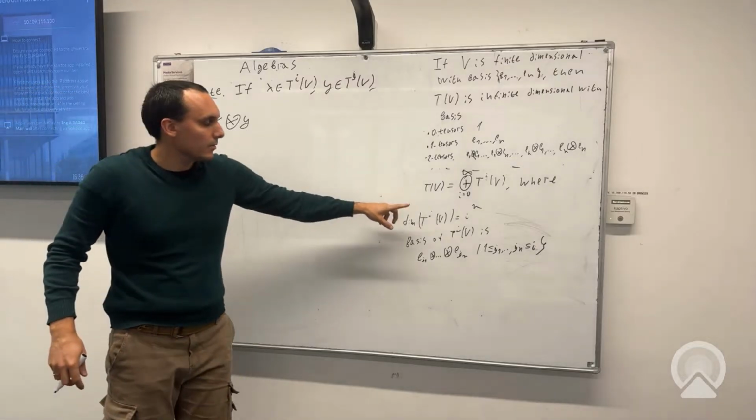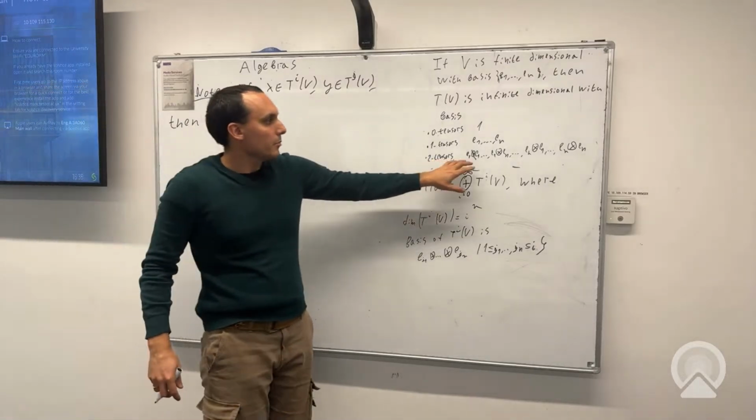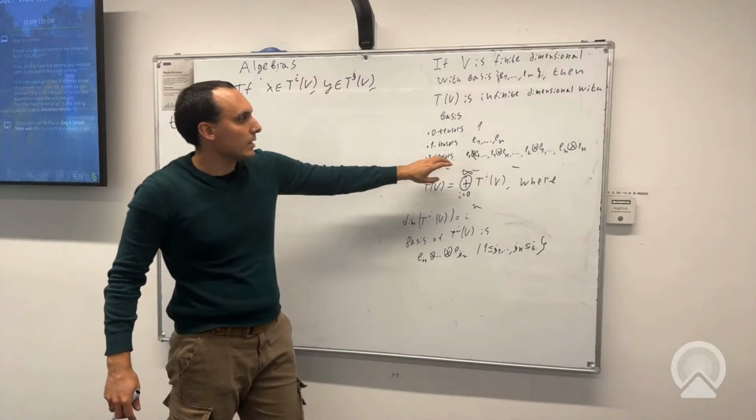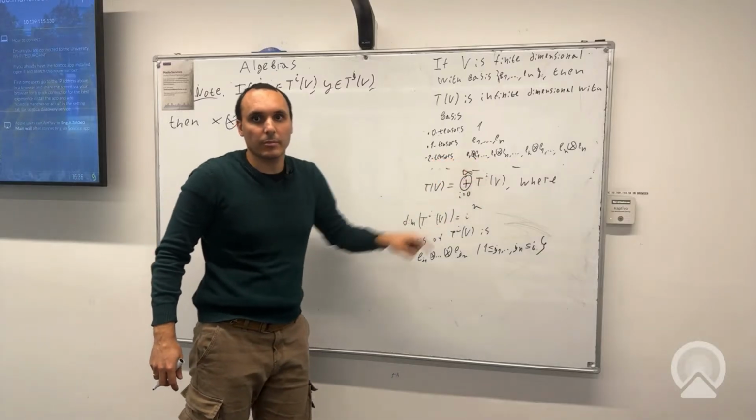T^i is the space of tensors that have exactly i components in them.